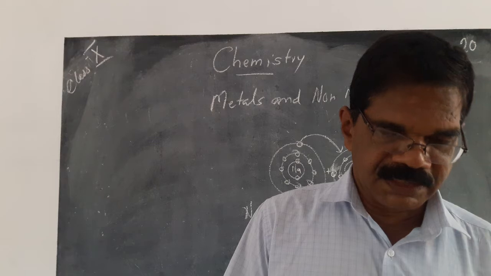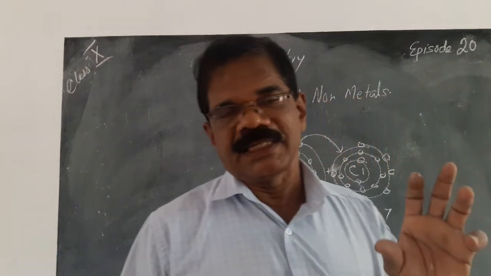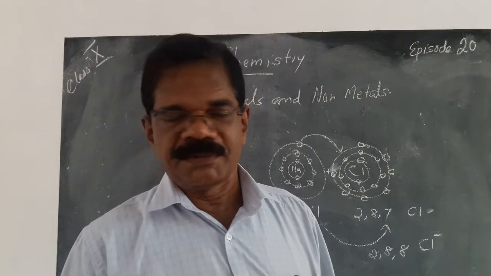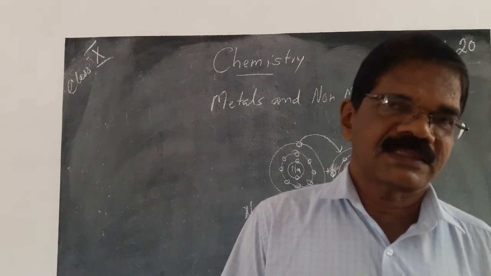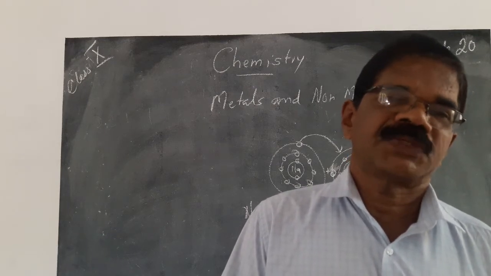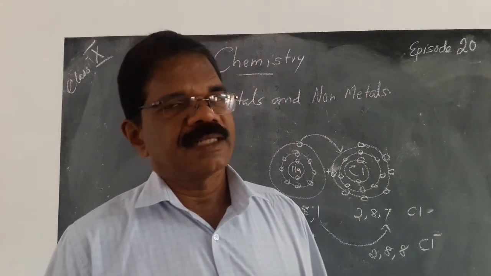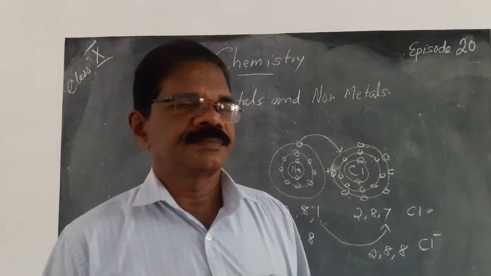In this class, we are going to familiarize ourselves with some metals in your surroundings, in your home, and take a close look at these metals and their common properties. What is the main metal in your home?